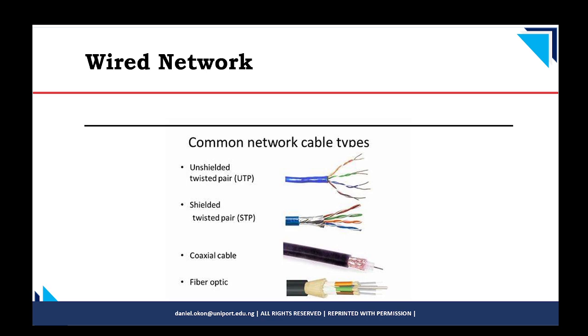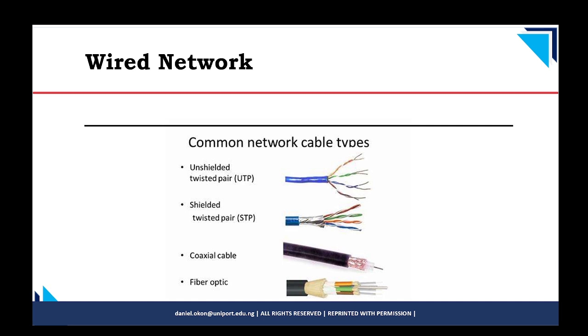Fiber optic cable can go as much as 100 meters. Sorry, 100 kilometers. So as small as fiber optic cable is, it can go long distance. That is why it is only fiber optic cable they use for intercity projects and intercampus projects. If you are connecting this building to ICTC, you don't use Cat6 cable.